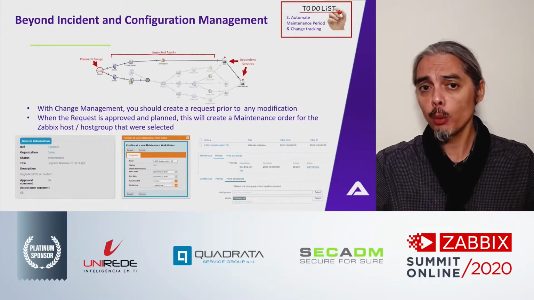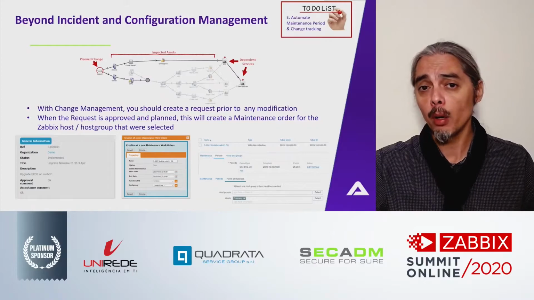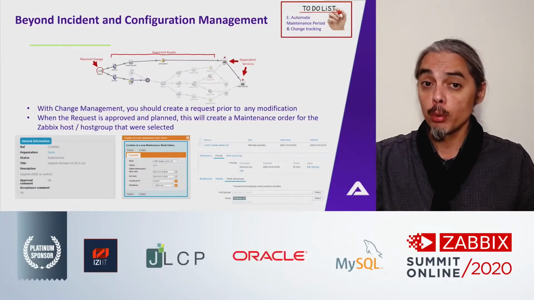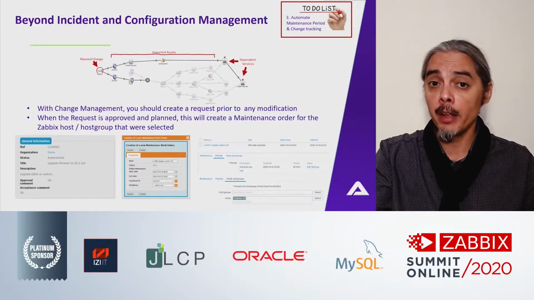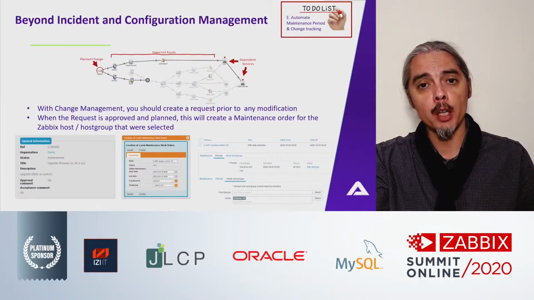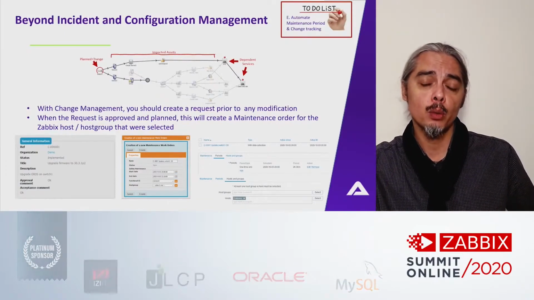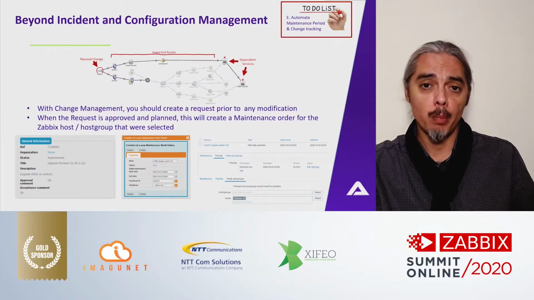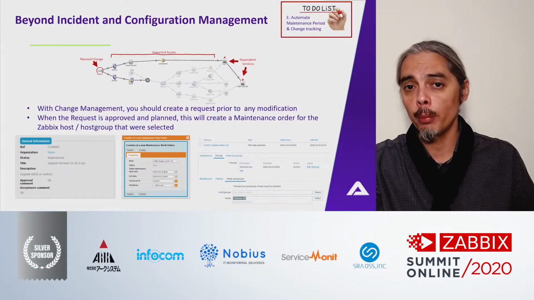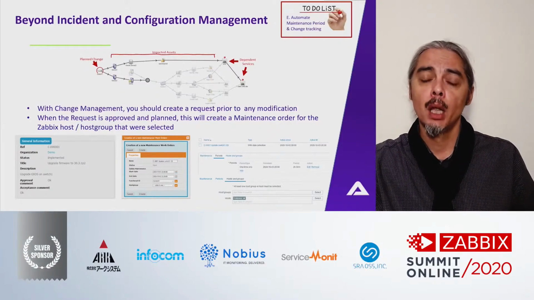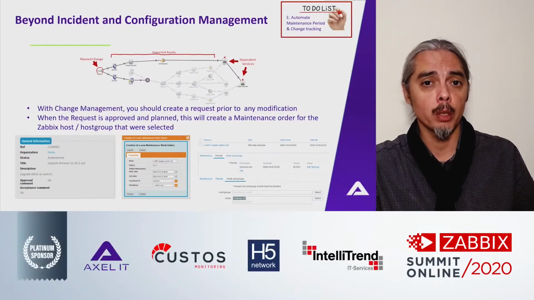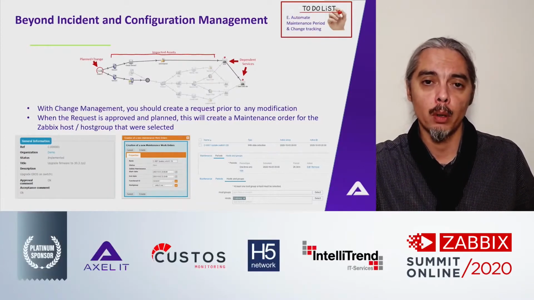And so when the change request is approved under iTop, what we do is automatically build, through the API again, a maintenance order within Zabbix. So we know there's a change, and when the change is planned to be actually implemented, everything related to monitoring will be under maintenance, so we don't get alarms that would be noise, because we know the system is not working because we are performing maintenance work on it.